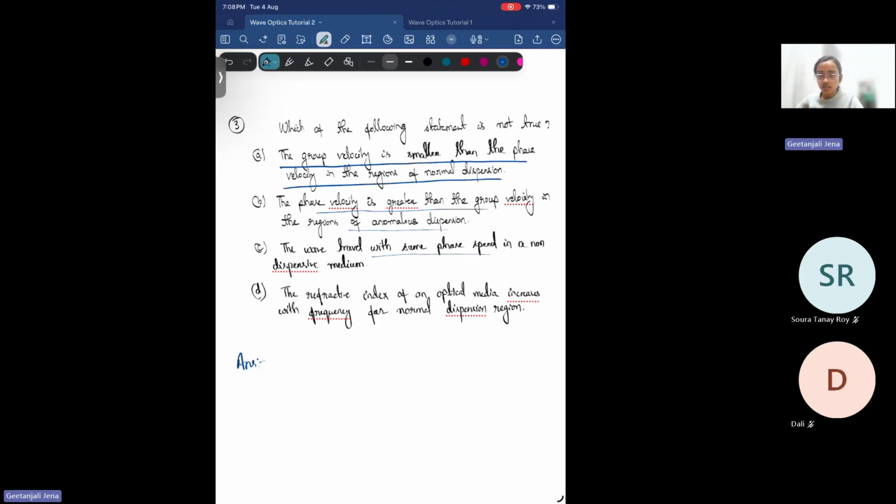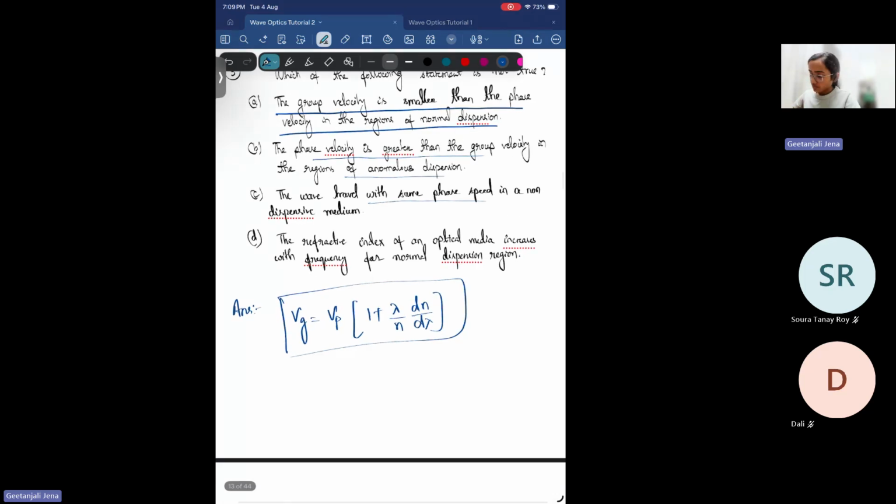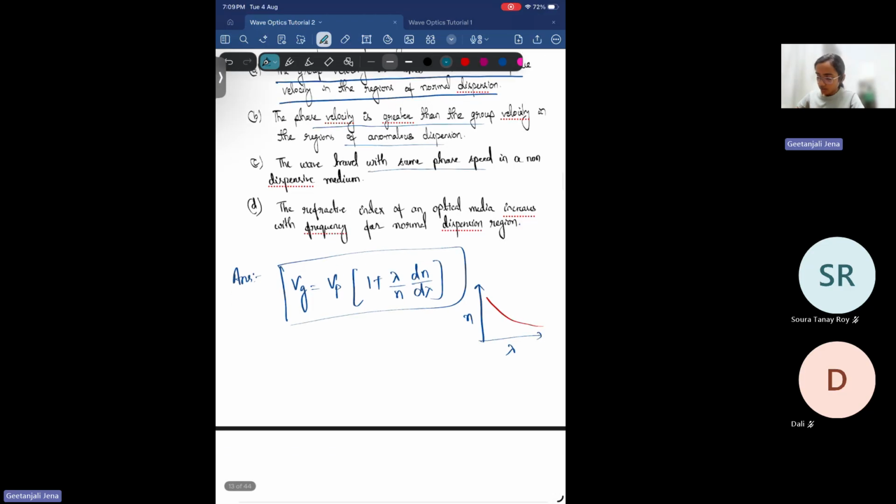Okay. So let me go through the options one by one. Recall we have Vg is Vp times 1 plus lambda by n dn over d lambda. This is the general expression that we have seen and derived in the class. We have also seen the graph between n and lambda. So for normal dispersion, what is the condition we have?